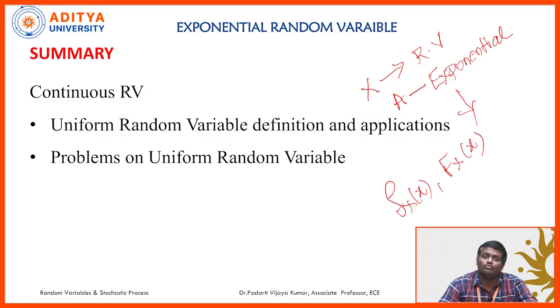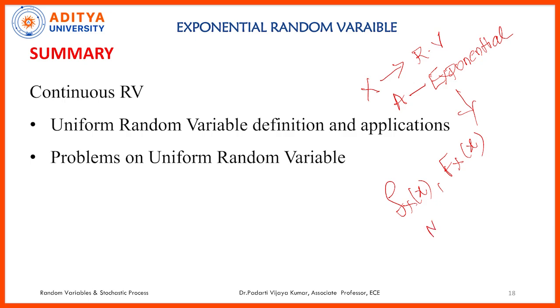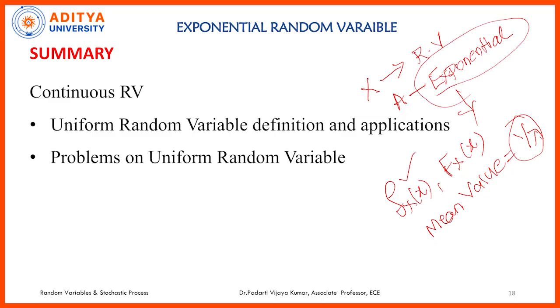Next, we need to check for the data in the problem, any data like a mean value. The mean value is 1 by lambda. Once we know all this data and have identified that the application is an exponential random variable, we need to recall the density and distribution. Then we can solve using simple integration and differentiation.